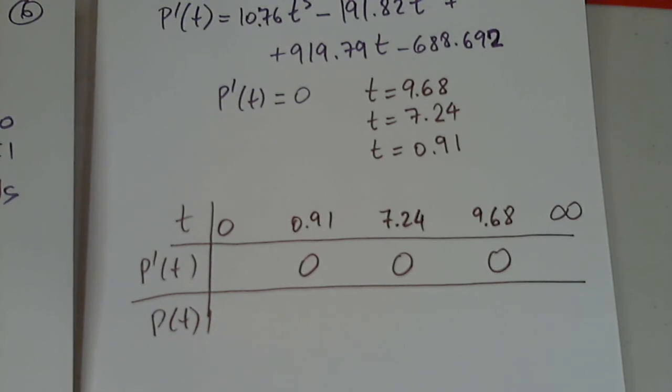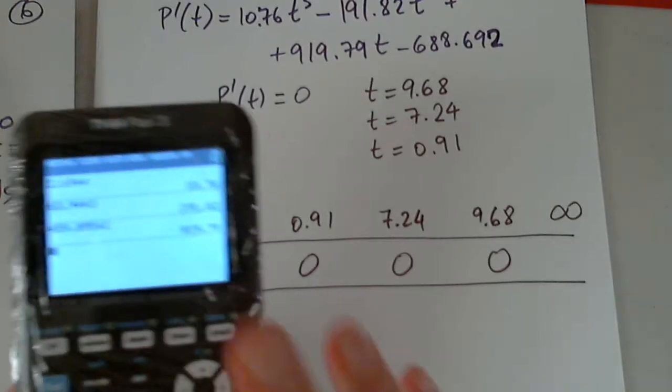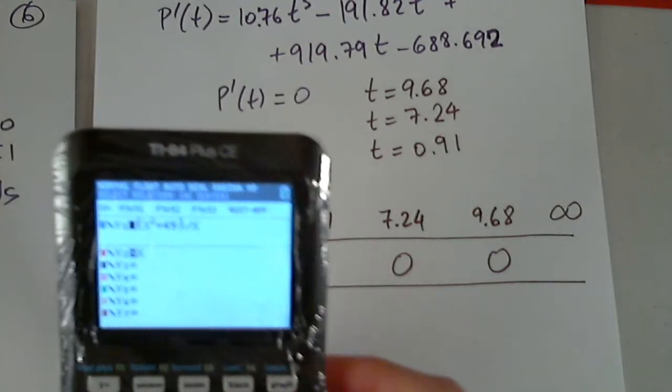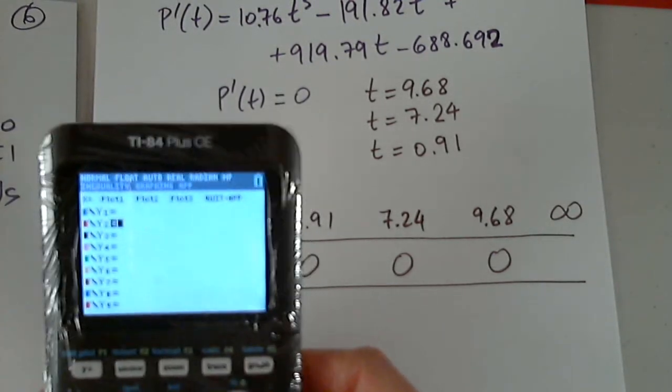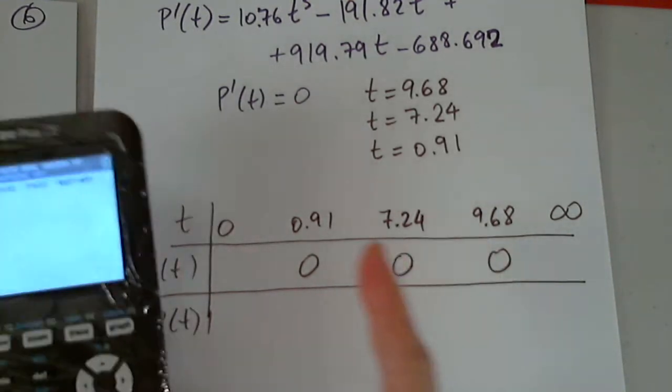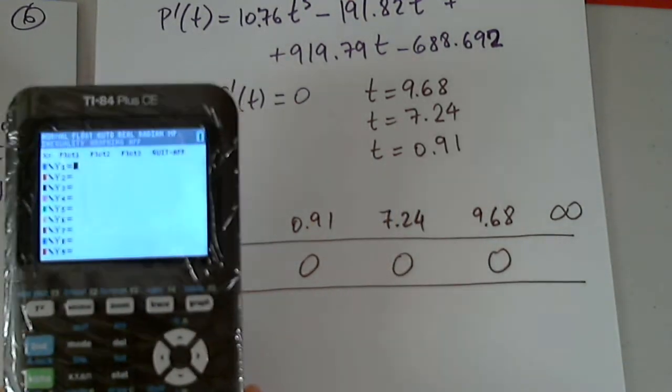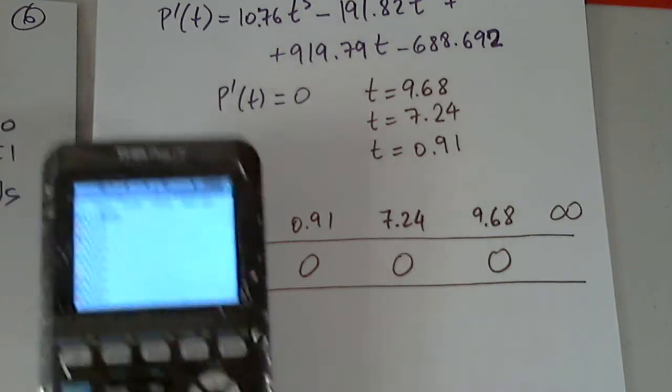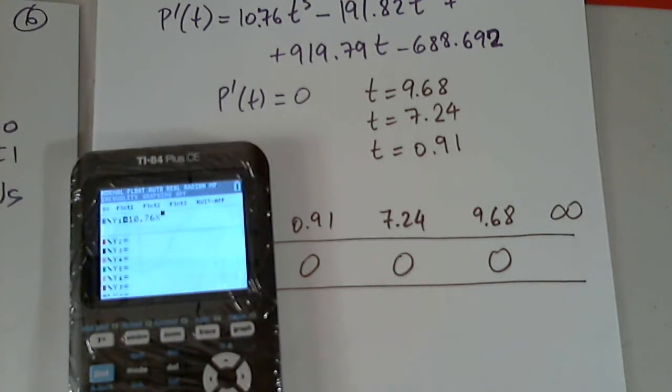Here's what I'm going to do next. I'll put in the derivative polynomial on the calculator: 10.76 t to the third power, minus 191.82 t squared, plus 919.79 t, minus 688.692.